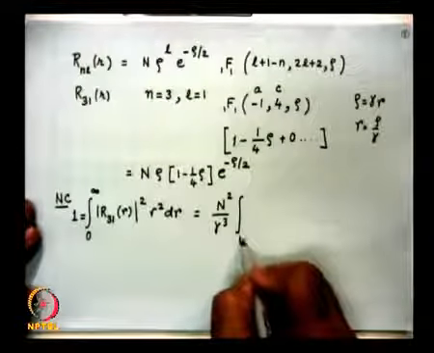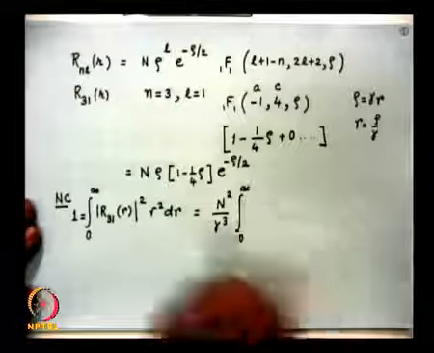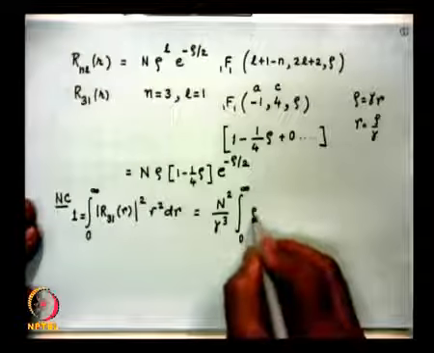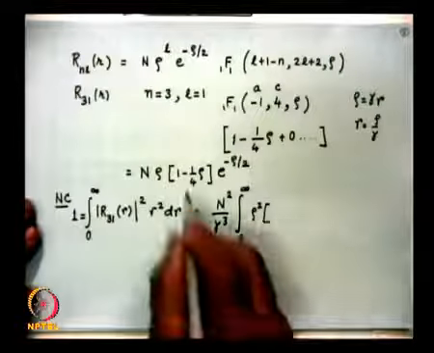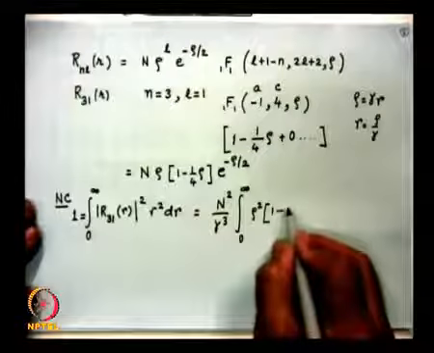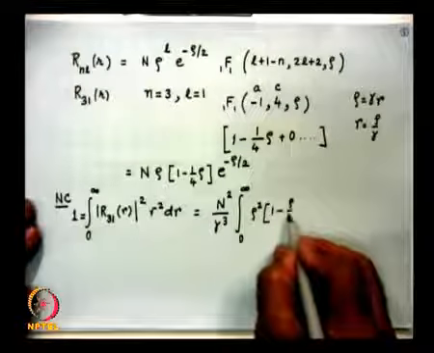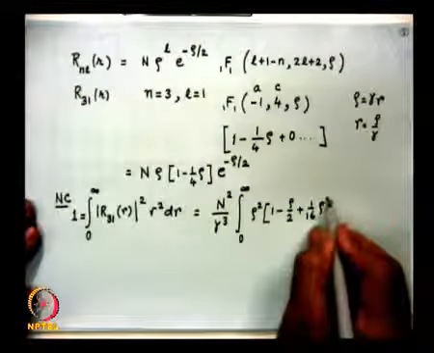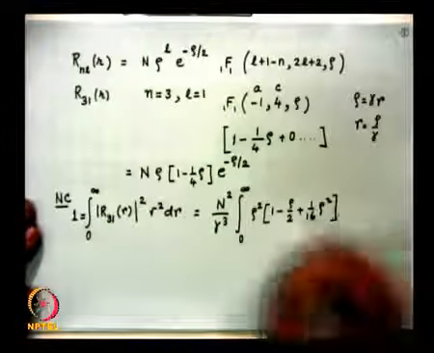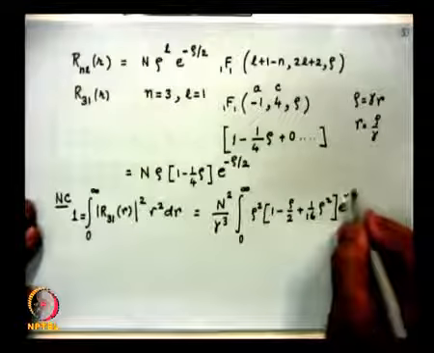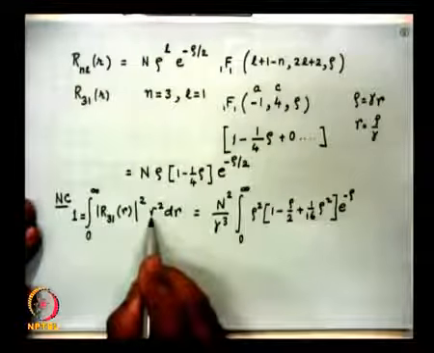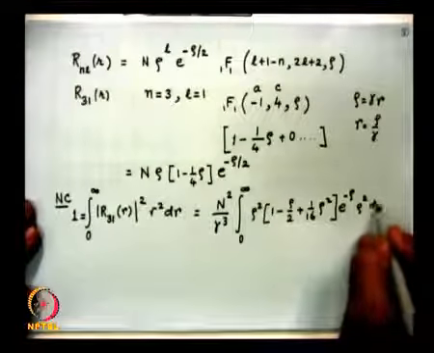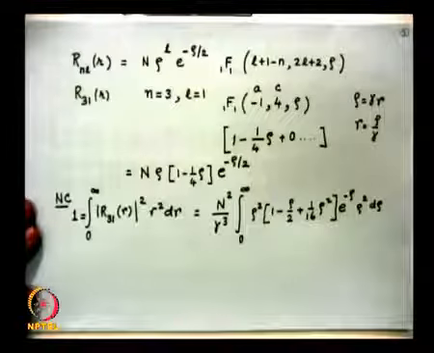integral from 0 to infinity, square of this, rho square, and if I square this, 1 minus rho by 2 plus 1 over 16 rho square, e to the power of minus rho, times rho square d rho. I have taken the gamma cube outside.